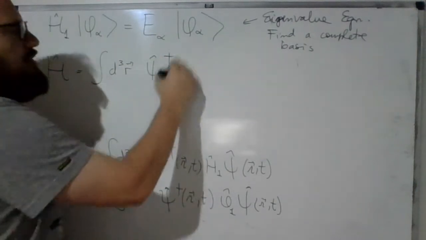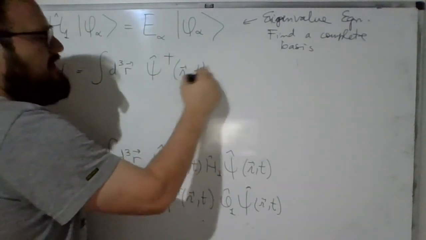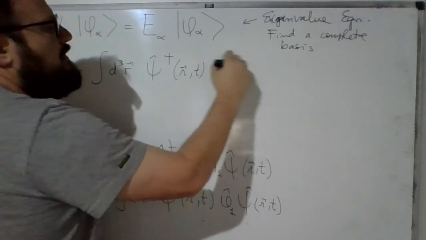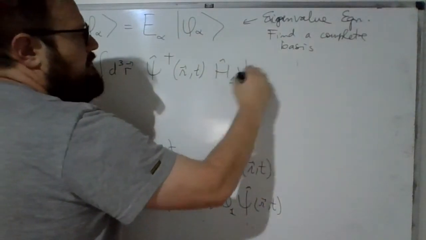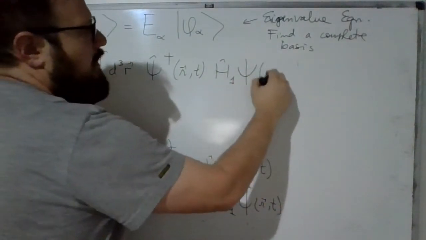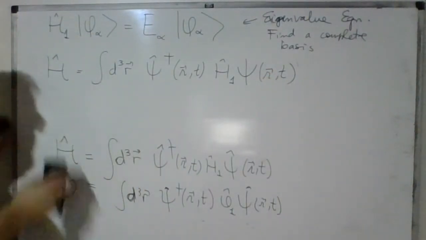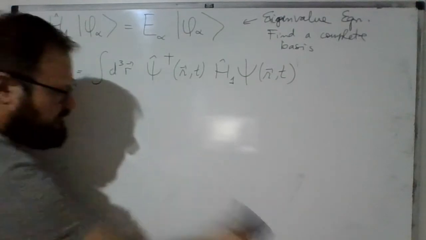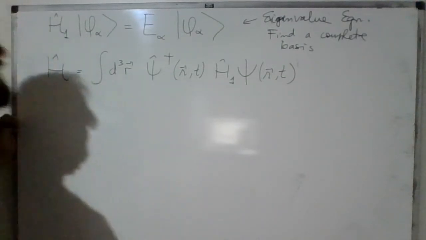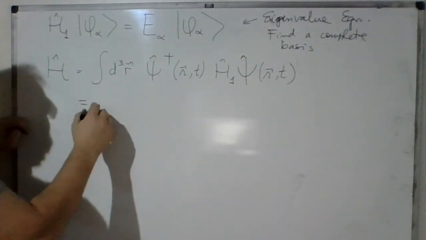So our psi dagger of R and T times the H1 acting on psi of R and T, which is now an operator, will be written in the following way.